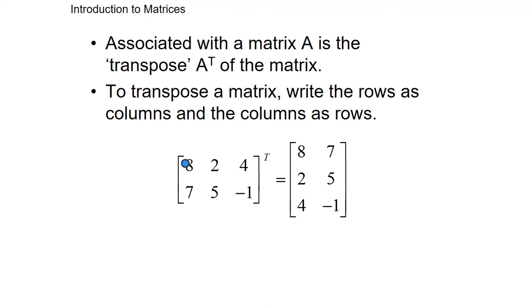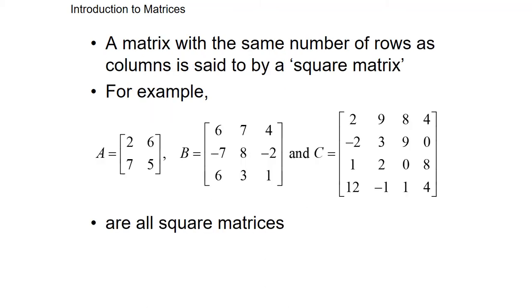Alternatively, we could say the first column has become the first row. So this is the transpose of a matrix. The transpose of an m by n matrix will be an n by m matrix.